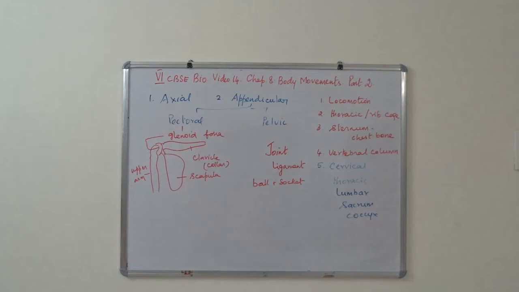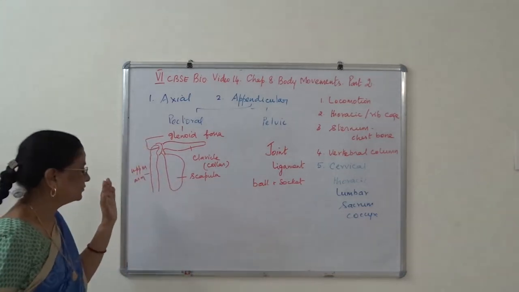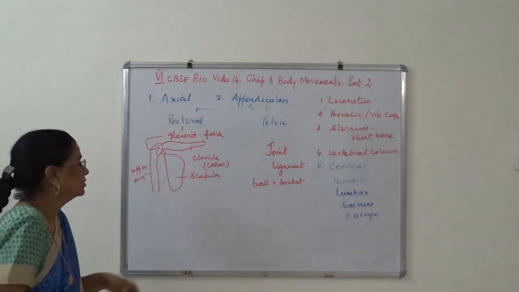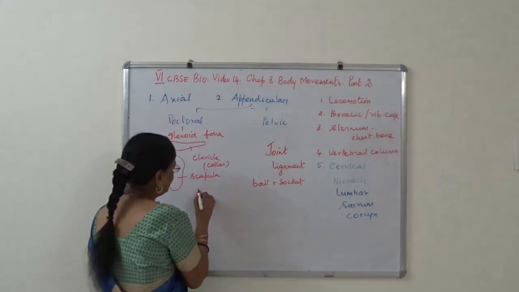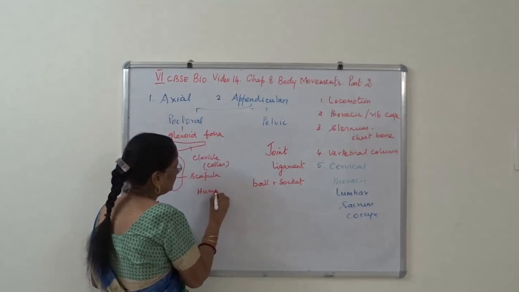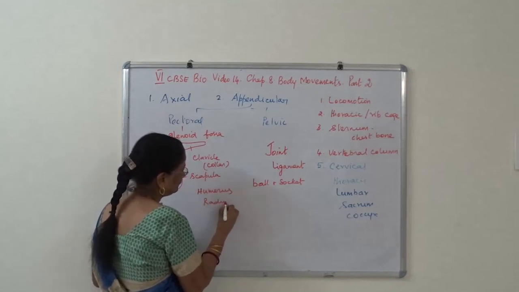I hope you understand. Now this is forming the pectoral girdle, and the bones of the upper limb are the humerus, radius and ulna.